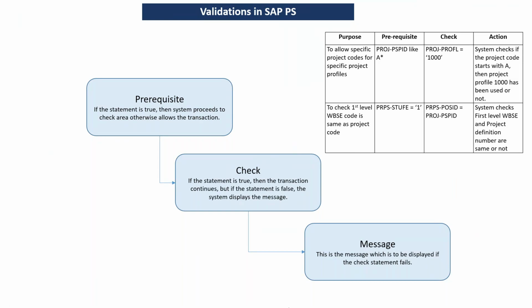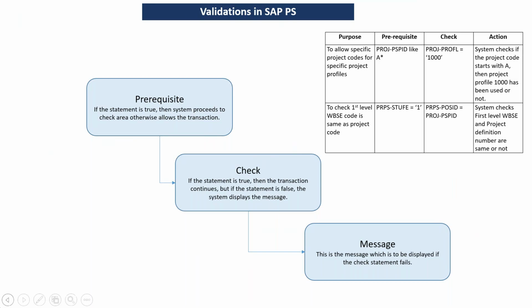proceed with the transaction. So here we are saying if the statement is true, then the system proceeds to the check area, otherwise it allows the transaction. And in the check, if the statement is true, then the transaction continues. But if the statement is false, then the system displays the message. For example, if your profile is ABC, in that case your person responsible is supposed to be Ravi Kumar.